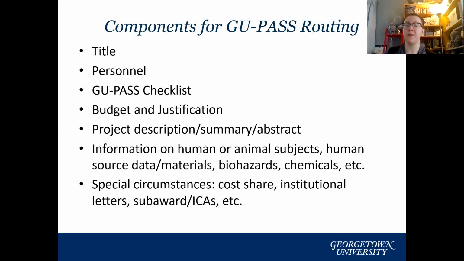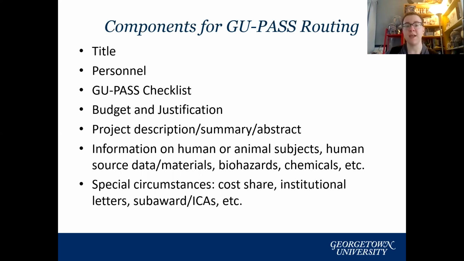And we just route it with the budget and the justification, a project description or abstract or specific aims. It doesn't have to be finalized at this point, just enough that we can have an idea of what the project is about. And so that when we're reviewing the budget, we can see if what the budget is requesting is in line with what the project will actually be doing and who will be working on the project.